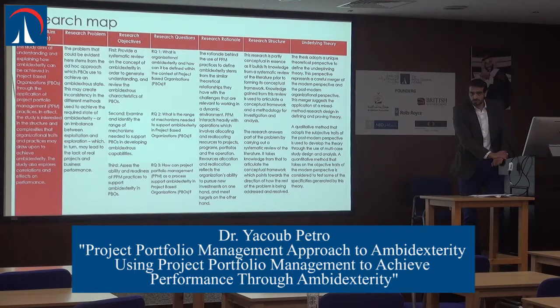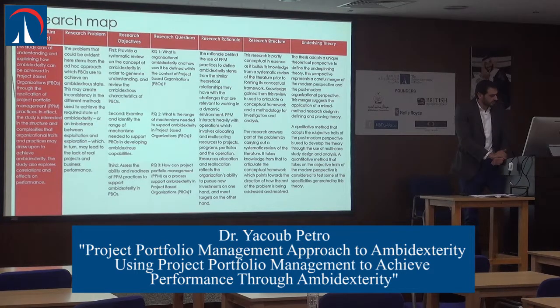Then the second question, after building the foundation, is basically, what are those mechanisms needed in order to see ambidexterity through? And then, towards the end, I looked at how I can take the portfolio management practices as provided by the PMI, the Project Management Institute, and how I can use them to apply those mechanisms to achieve organizational ambidexterity.